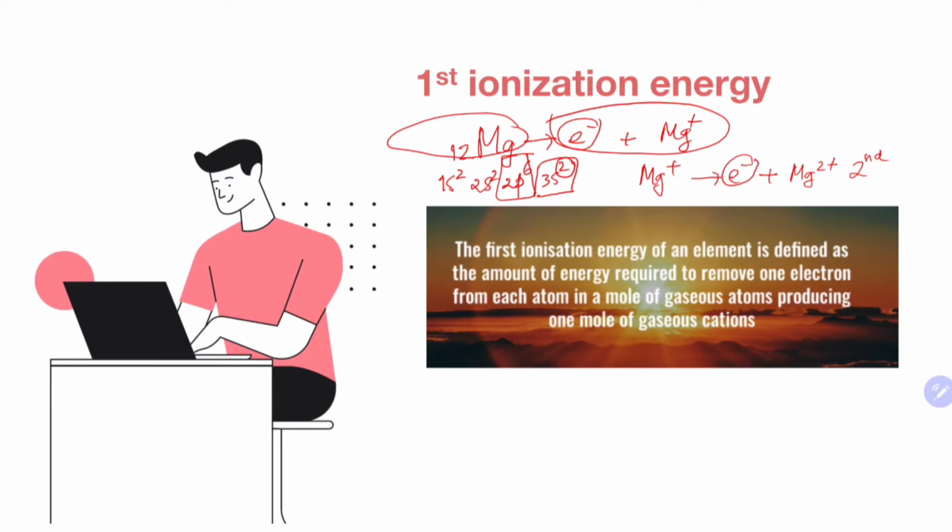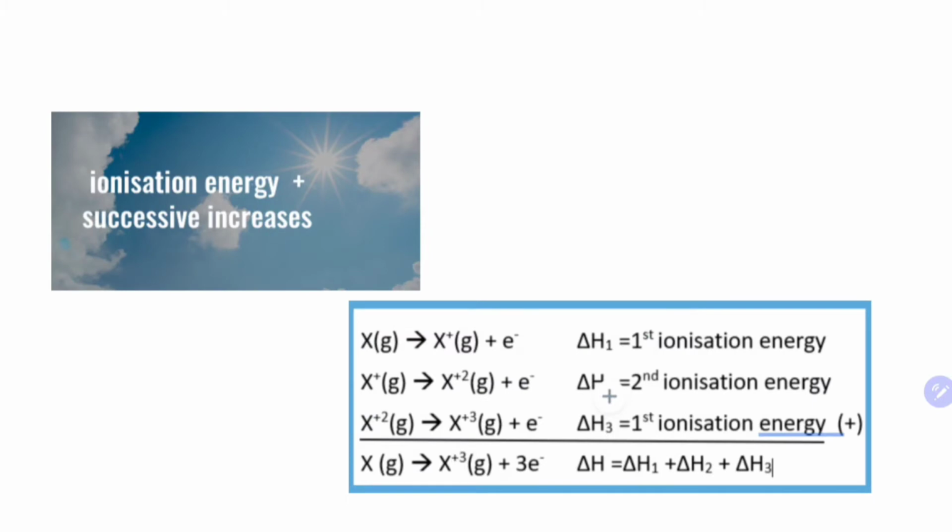So once again, the first ionization energy of an element is the amount of energy required to remove one electron from each atom in 1 mole of gaseous atoms, producing 1 mole of gaseous cations. Once again, here there is the equation. The first one is the first ionization energy, because from neutral atom X to X plus 1 it releases 1 electron.